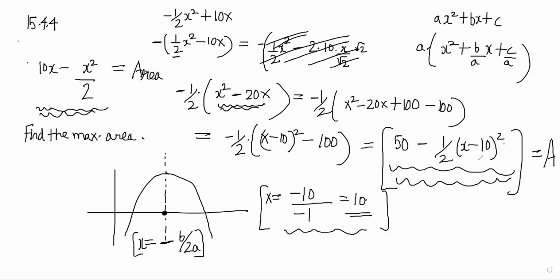Obviously, you should make the squared thing 0, which is subtracted from 50. Yeah. So then x should be equal to 10. You need to know how to complete the square. If you forget negative b by 2a, you should still know how to do completing the squares.